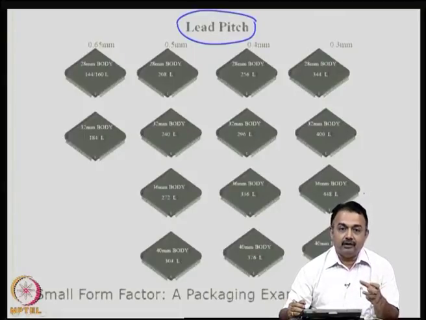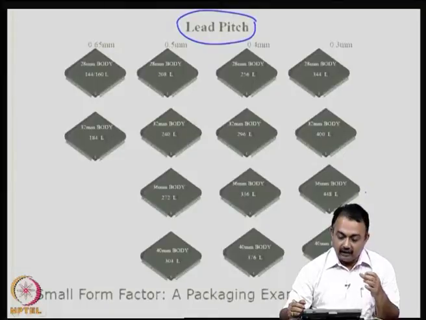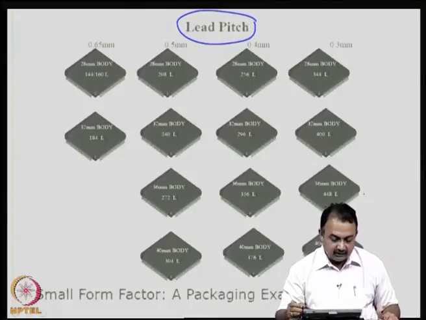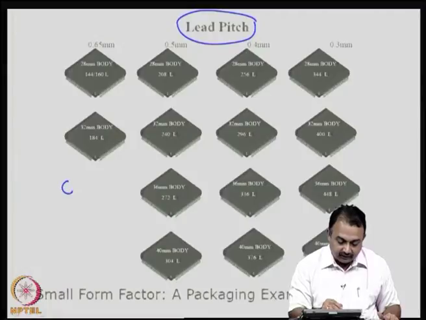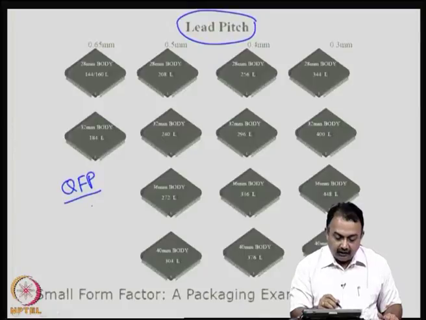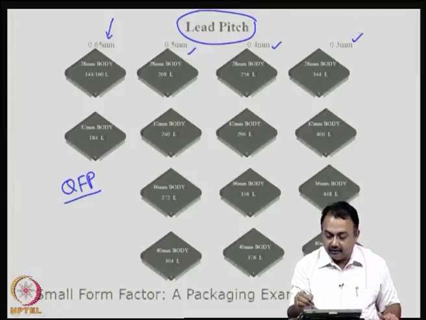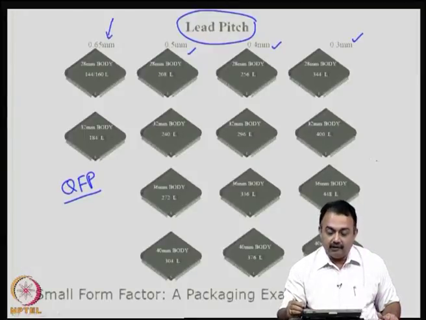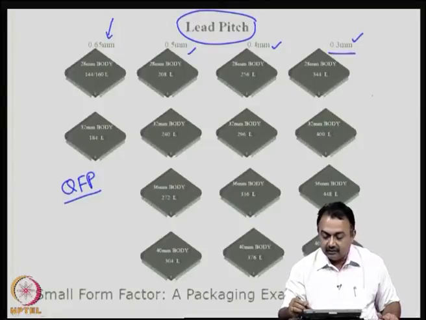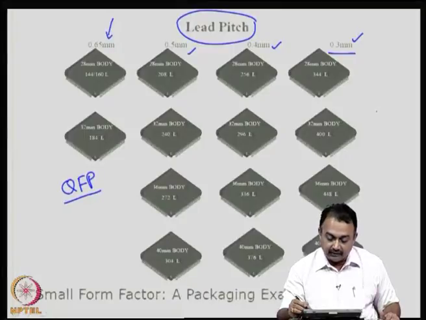Pitches are also very important at the chip level, because you need to understand what pitches are available at the die level. For example, this is a quad flat pack structure, and if you look at the pitch, this is 0.65 mm pitch, 0.5, 0.4 and 0.3. 0.3 is probably the smallest or the maximum reduction possible today with QFPs.